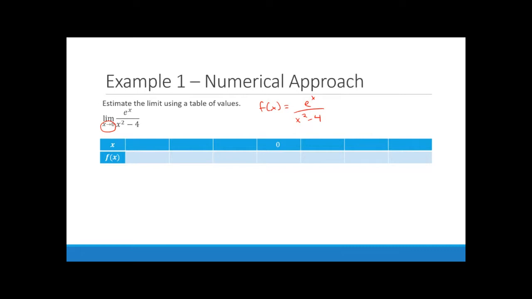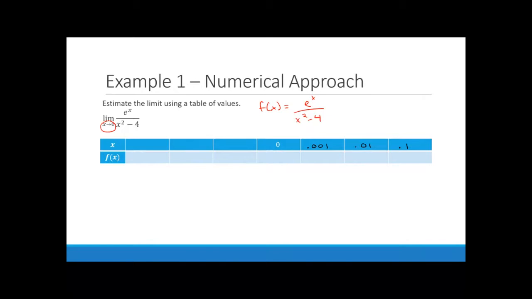You're starting with the number that it's telling you you want the limit at, and then you go from there. The general rule is that you want numbers that are close to there and then work farther apart. You want to start with the really close ones. So the best numbers to pick are 0, 0.1 as the next one to the right of 0, and then remove a 0 each time.